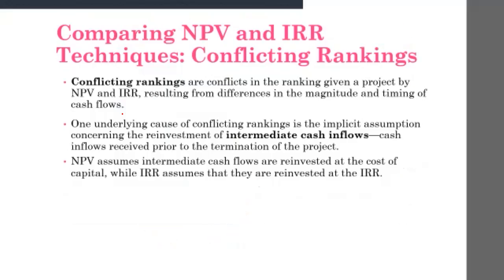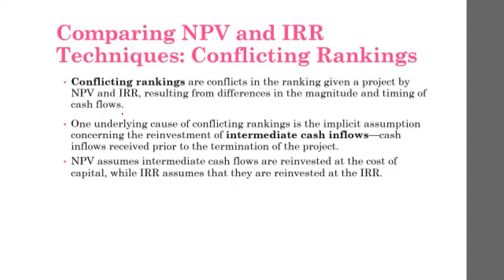Now, these conflicting rankings given to a project by NPV and IRR result from differences in the magnitude and timing of cash flows. Take note of that. One underlying cause of conflicting rankings is the implicit assumption concerning the reinvestment of intermediate cash inflows, which are cash inflows received prior to the termination of the project.